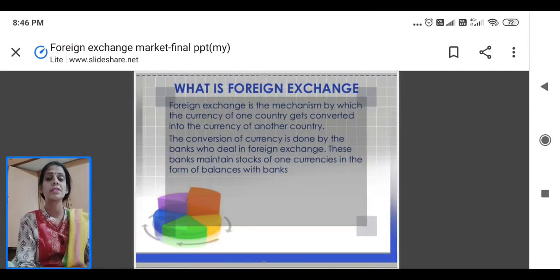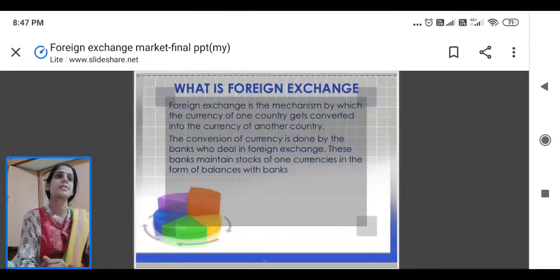Who is dealing with this exchange market then? The exchange market is operated by certain banks as well as certain other setups. Exchange control has set up certain institutions wherein you can go and exchange currencies.